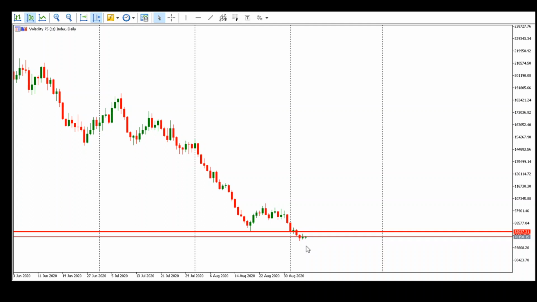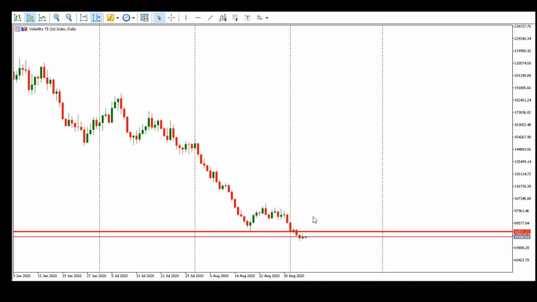If the market is coming back to this level and retests it, and you see there is a rejection plus confirmation candle, you know that the market will continue to push up.